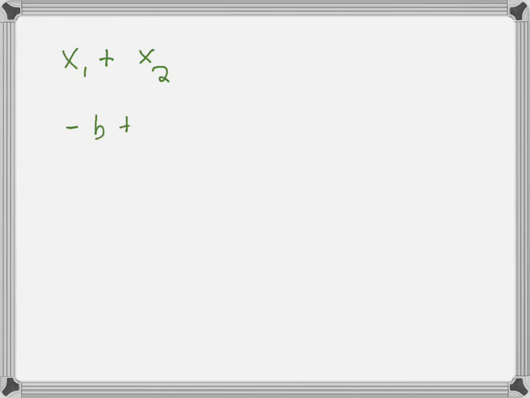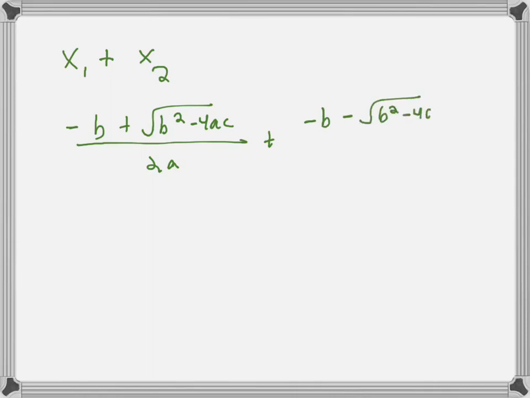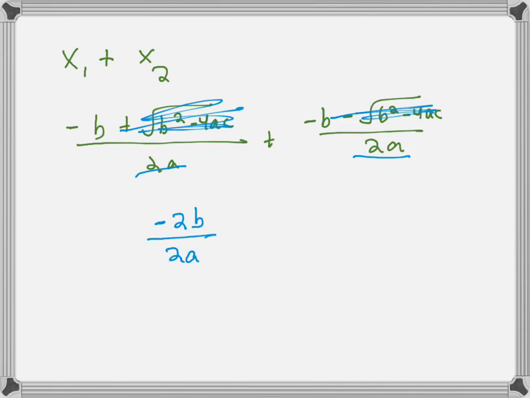So negative b plus root b squared minus 4ac all over 2a plus negative b minus root b squared minus 4ac all over 2a. We have like denominators, so that makes it kind of nice. And when we add them, our positive root and our negative root cancel out. So then we're just left with negative 2b over 2a, which just gives us negative b over a.